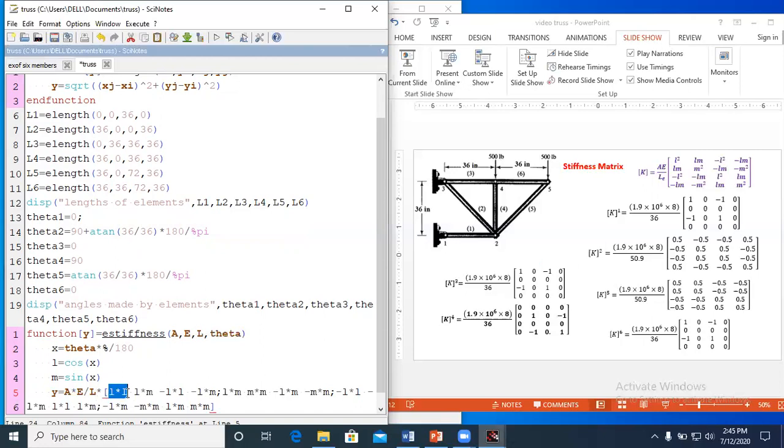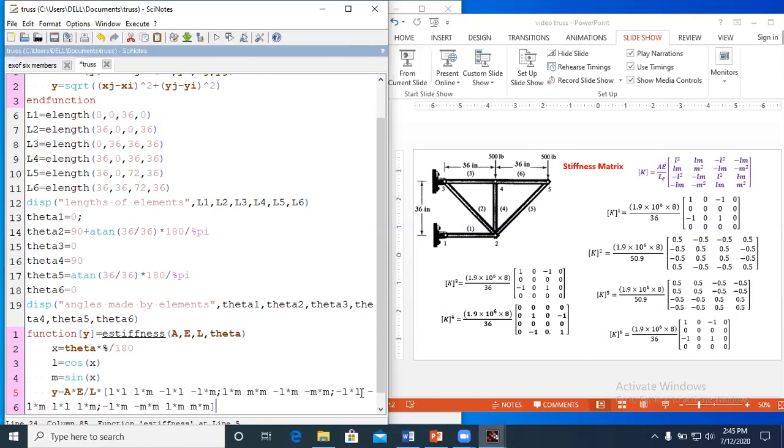First is L square, L into M, minus L square. Next, minus L into M, L into M, M square. Next, minus LM, minus M square.